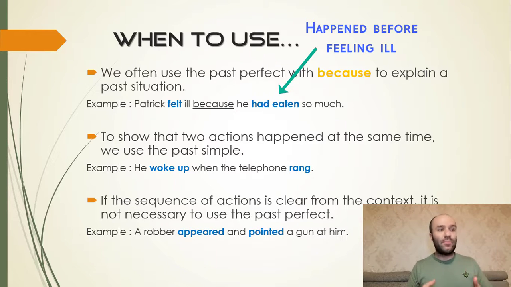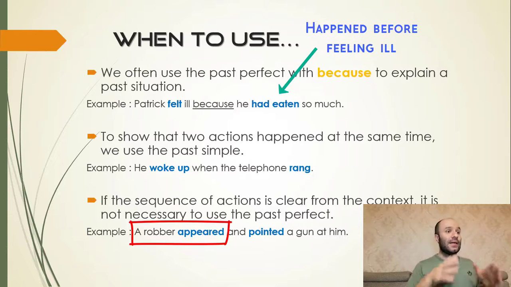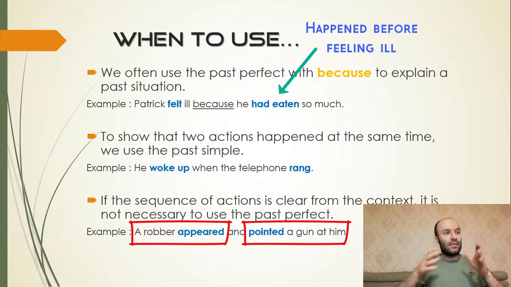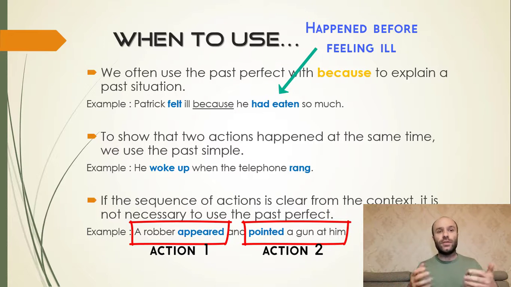A robber appeared, okay, appeared and finished. The first action finished, and the second action pointed a gun. So the first action finished, second action started and finished. Okay, so there is no need to use past perfect. We use past simple for both of them. Consider this and pay attention to these differences.